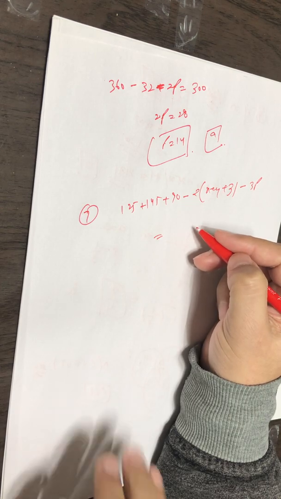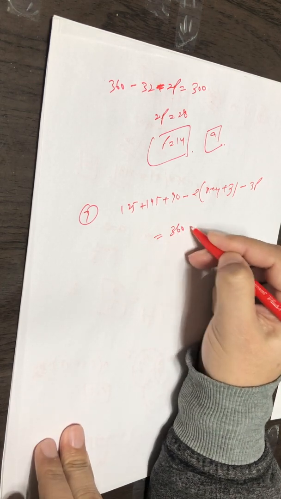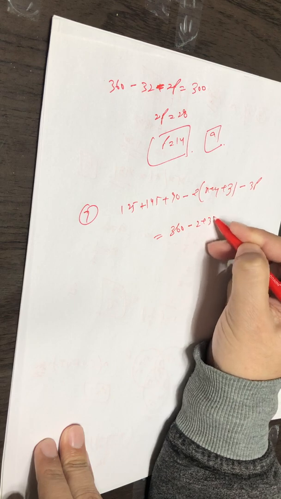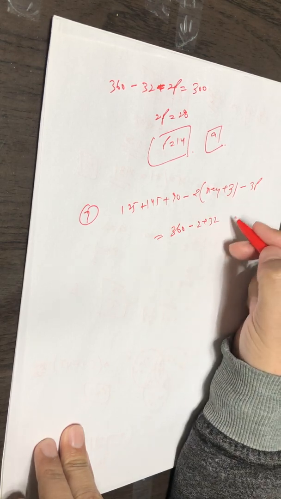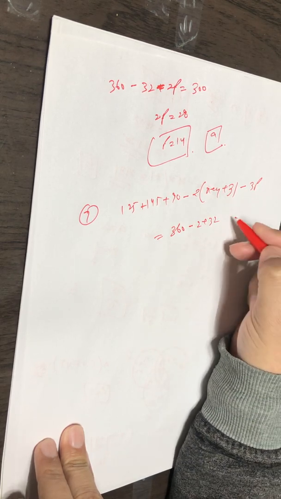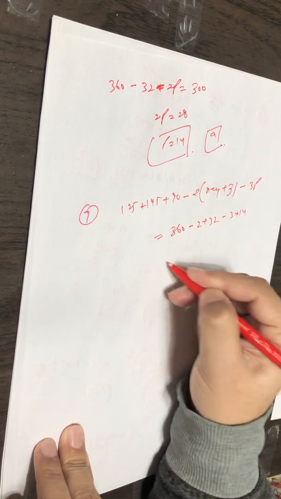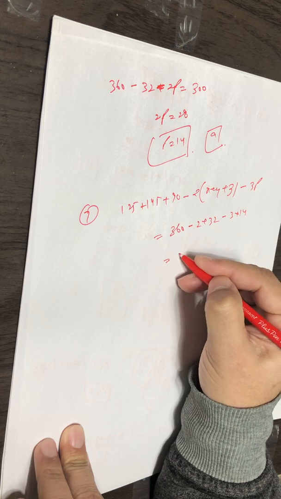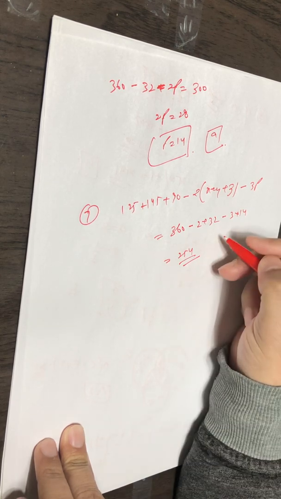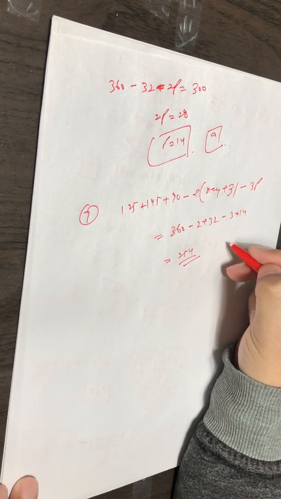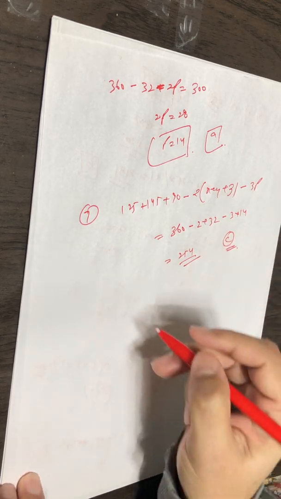This will be equal to 360 minus 2 into 32. We already know the value of P, that is equal to 14. So this will be equal to 3 into 14. So if you solve this, this will be coming as 254. So we can clearly see that option C is the correct one.